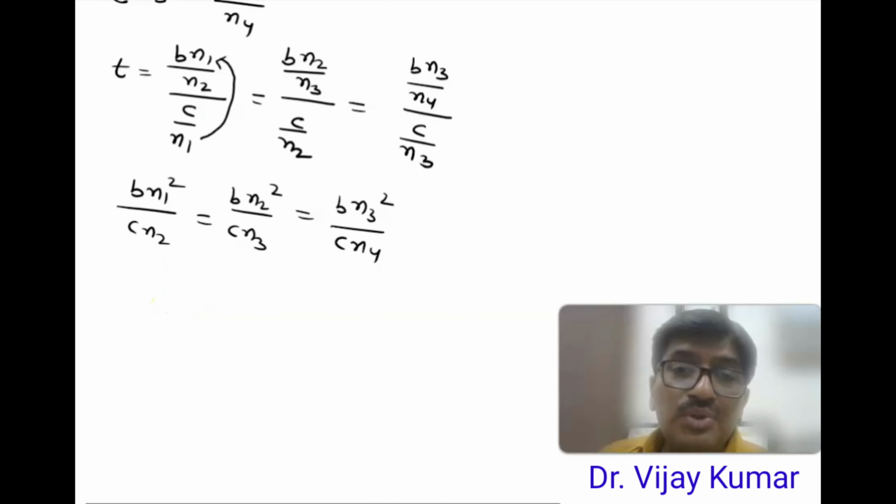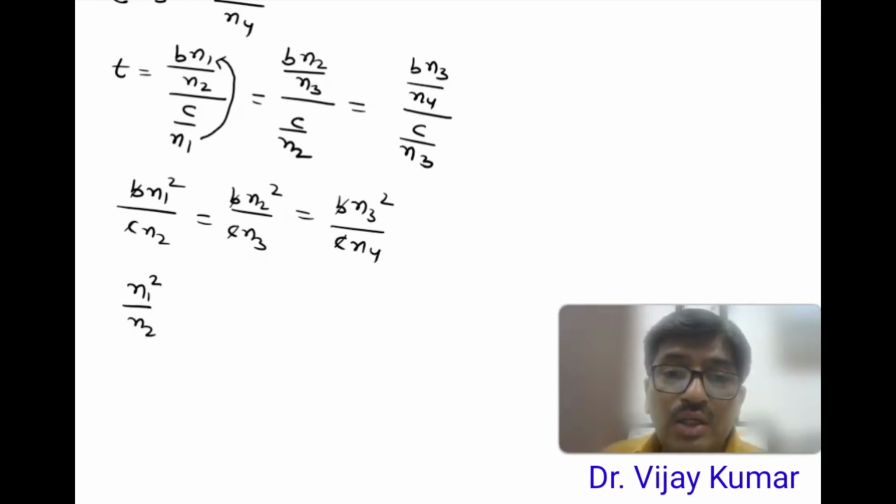B upon C cancels out, and we can say N1 square upon N2 equals N2 square upon N3 equals N3 square upon N4, and we can take a term K.